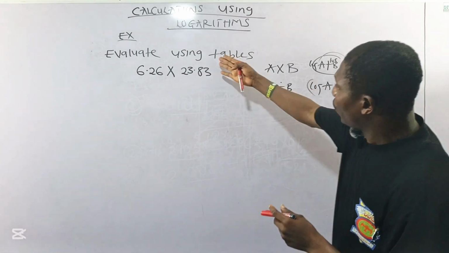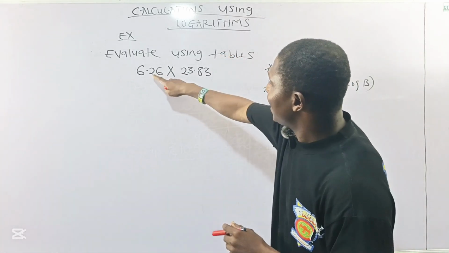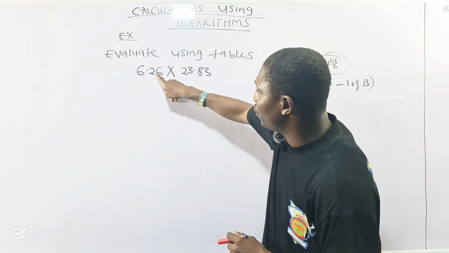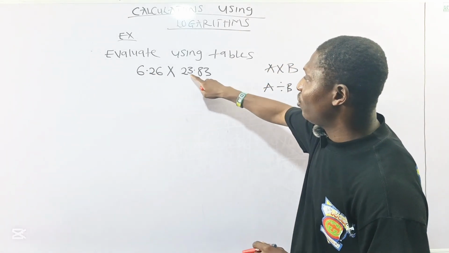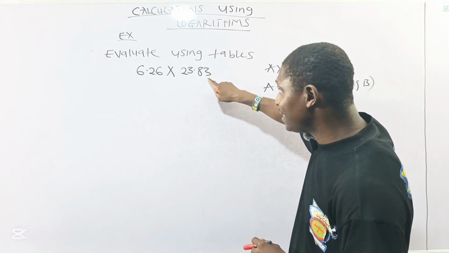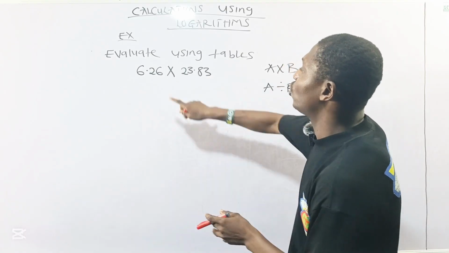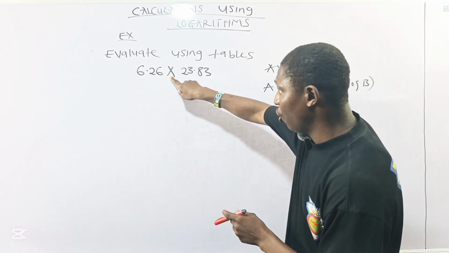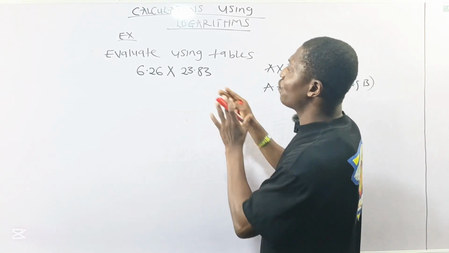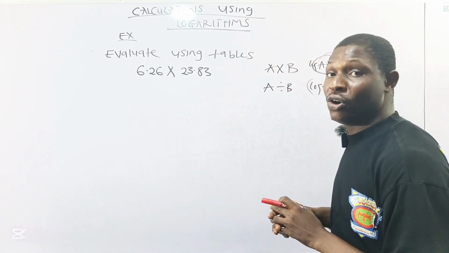Meaning, for this expression, if I get my value of log 6.26 and log 23.83, I will add them because of my multiplication law. After adding, I will now look for my anti-logarithm.